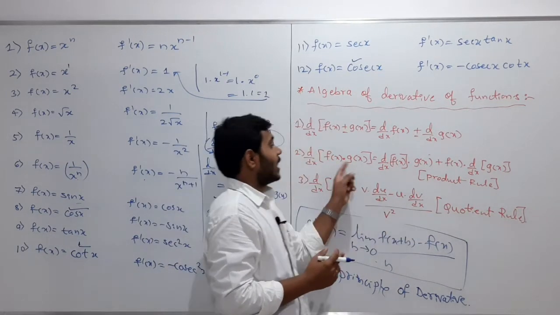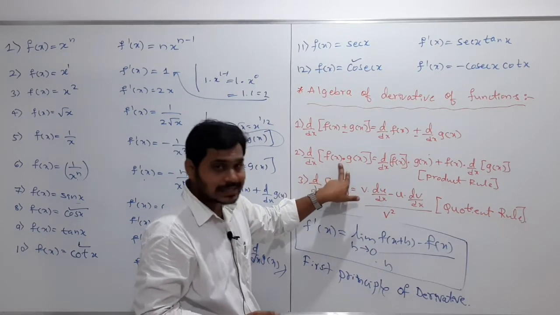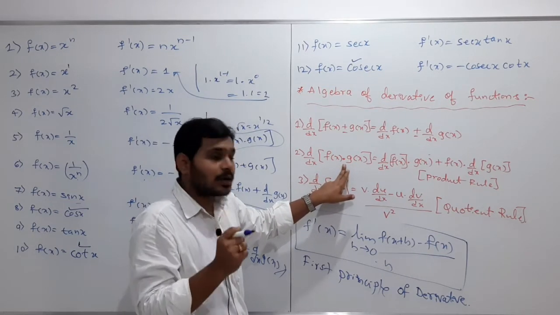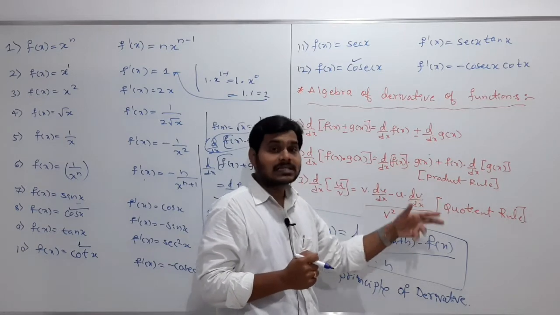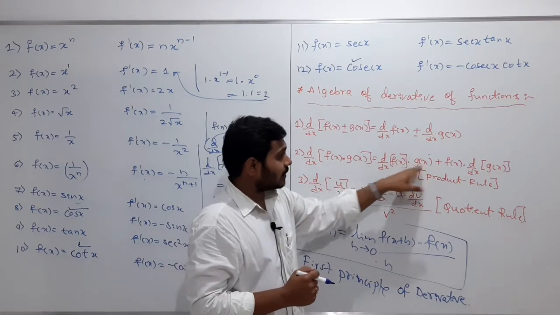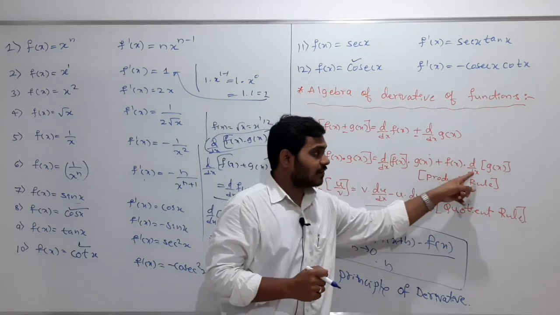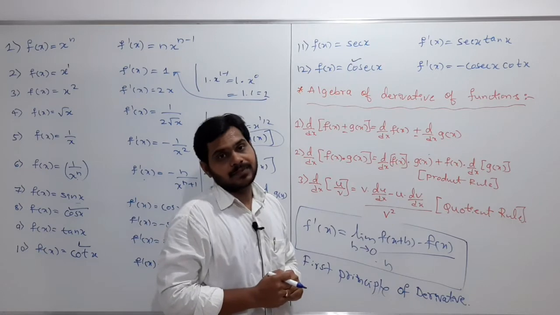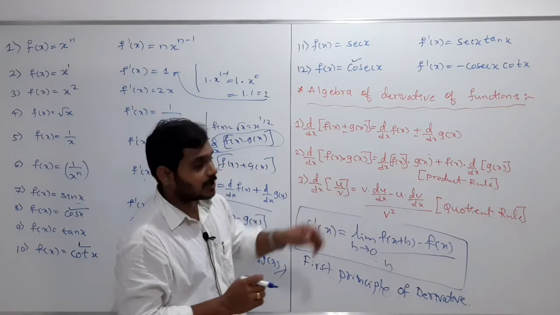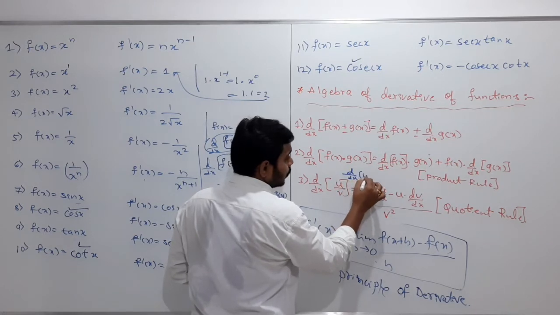The derivative of f of x into g of x is the derivative of the first function into the second function g of x as it is, plus the first function as it is into the derivative of the second function. So this is the formula, we call it the product rule. Please remember this formula, very important. You can write it like this, or you can also write, my dear students, derivative of u into v.